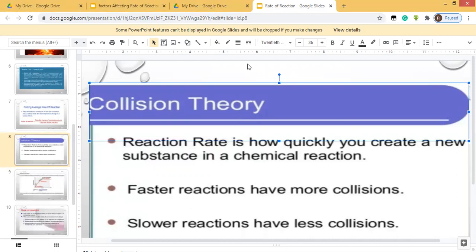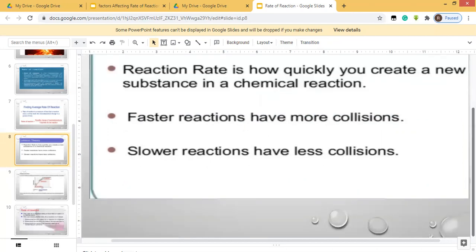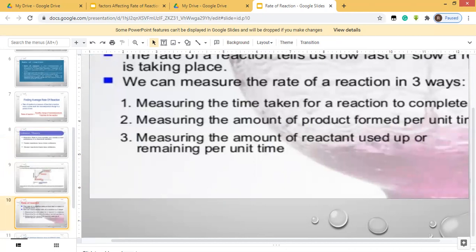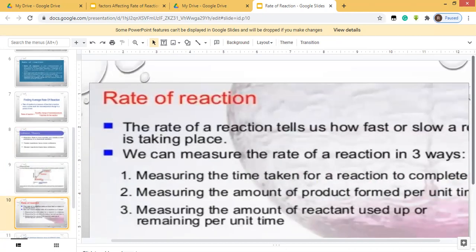The minimum energy that colliding particles must possess for a successful collision to take place is called the activation energy of that particular reaction. So the rate of reaction tells us how fast or slow a reaction is taking place.